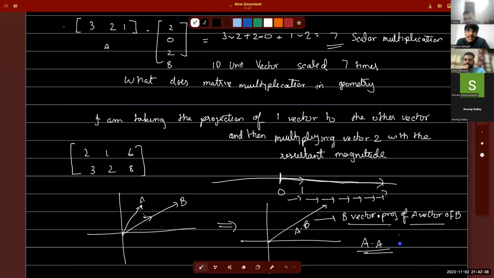And I scale the A vector by that amount, by the length of the projection, and take its magnitude, basically the magnitude of the scaled vector. And that would be A dot A, right.